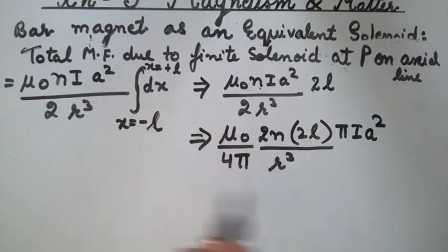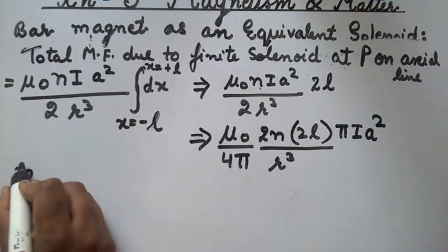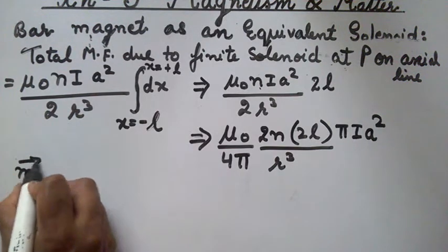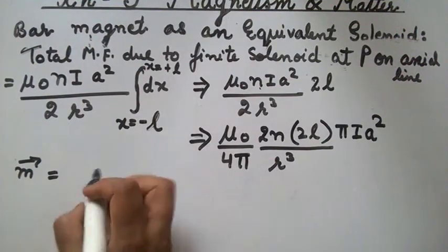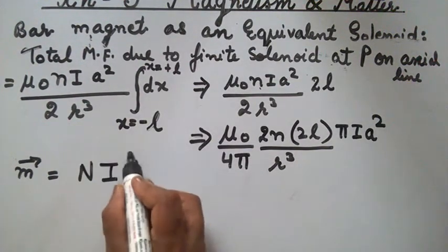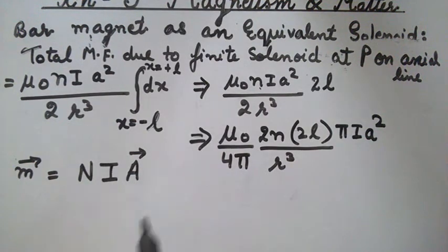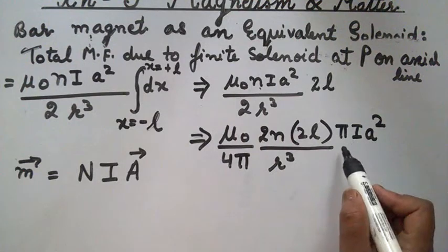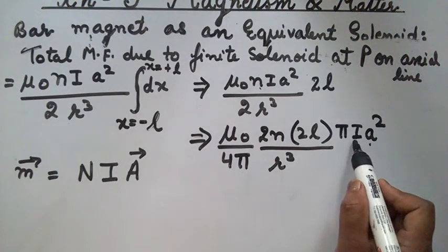Now we have studied that the magnetic dipole moment is equal to the number of turns in the solenoid into current into area vector, or in magnitude form, m equals N I A. Here the area is pi a square and I is given.